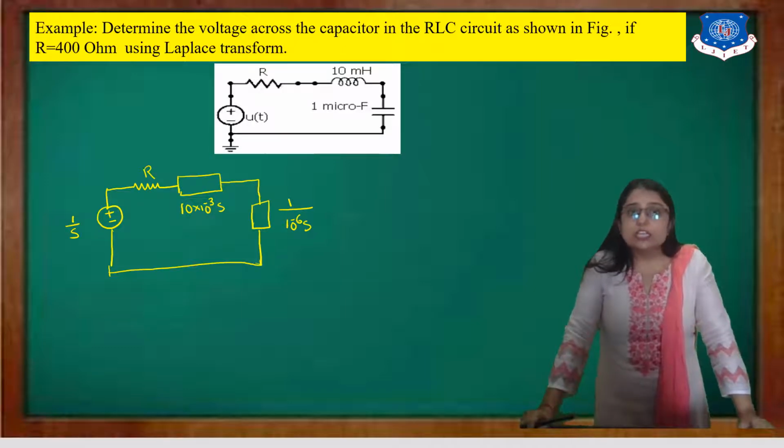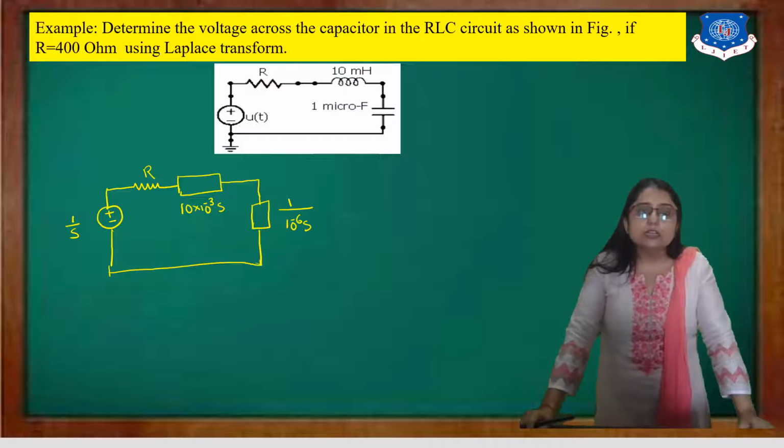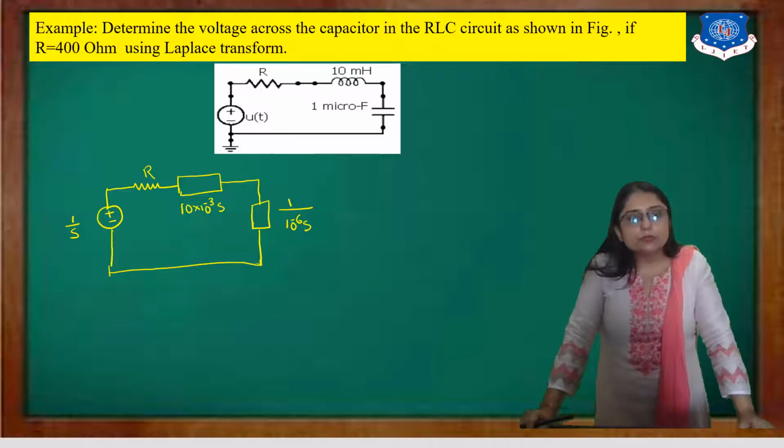But as such there is no switching condition, we do not have any switch, so we consider the initial conditions to be 0. So the value of I0 plus we consider as 0.